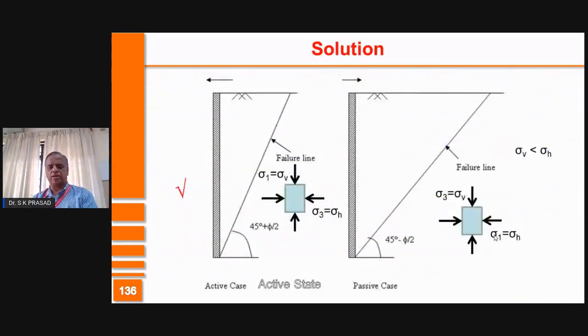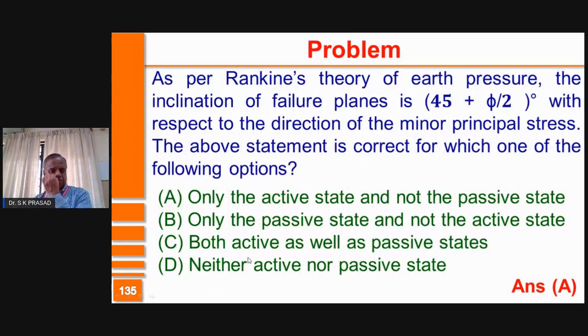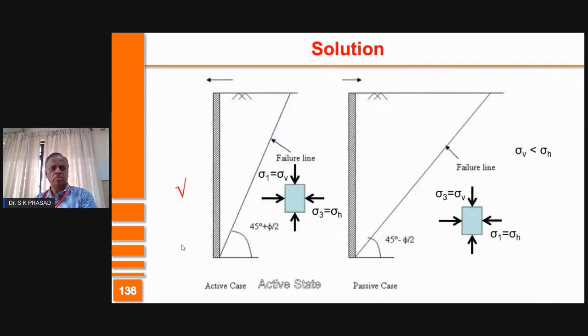I go back to the curve. Now, for 45 plus phi by 2, failure plane with respect to horizontal, or with respect to the line or direction in which the minor principal stress acts, is this situation.